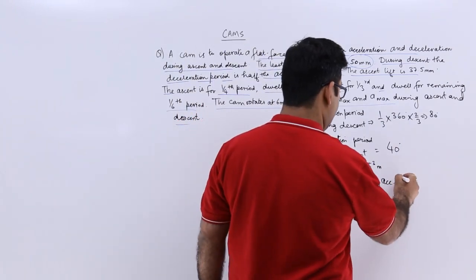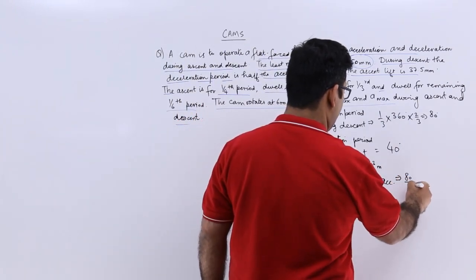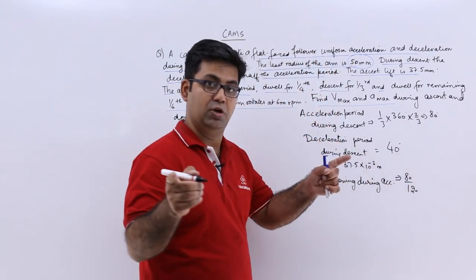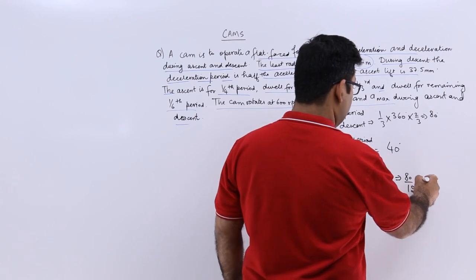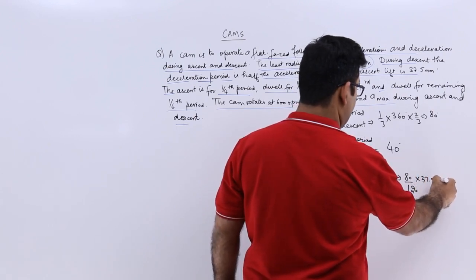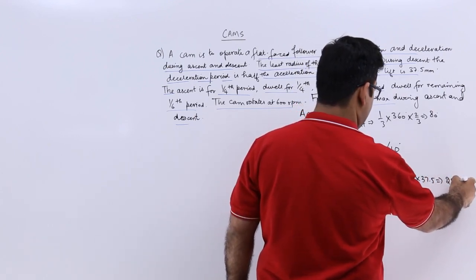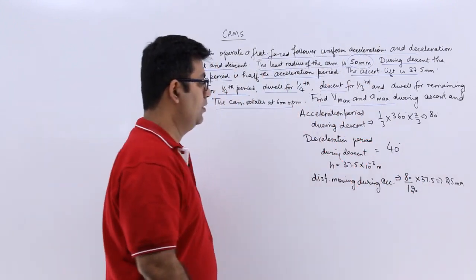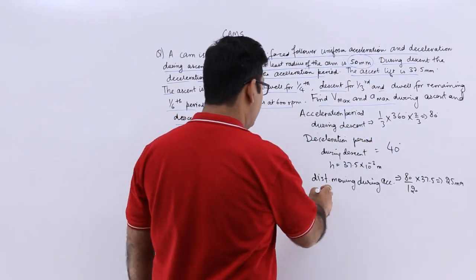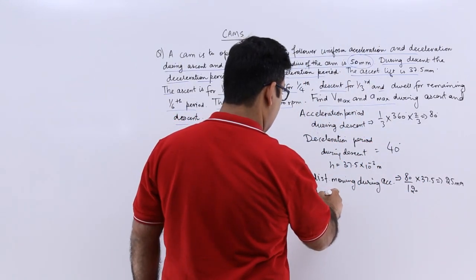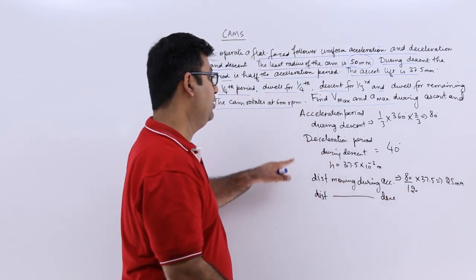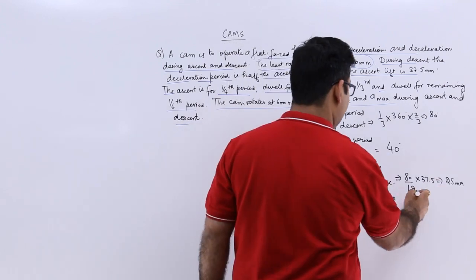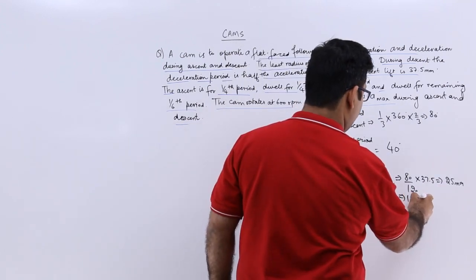So you will have 80 by 120, the total period of descent, into 37.5. This gives you 25 millimeters. The distance moved during deceleration, again during descent, will be the remainder, 12.5 millimeters.